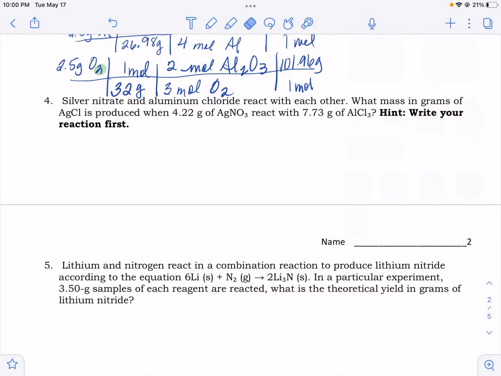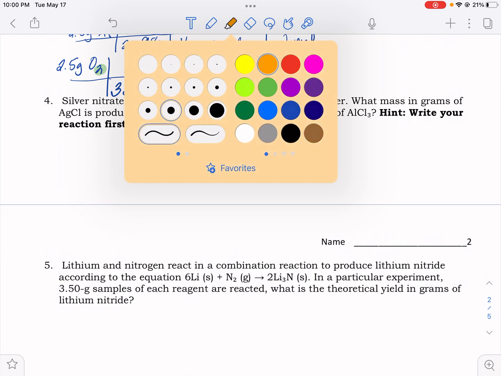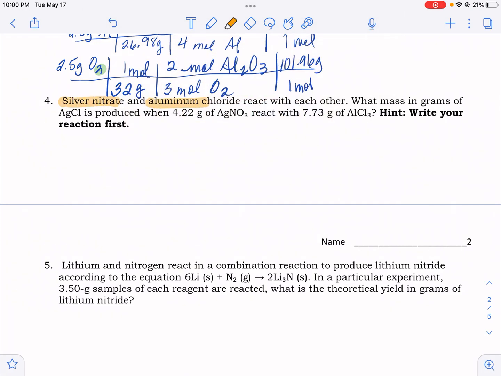All right. We are going to work question number 4. First of all, we need to write our equation. We're going to have silver nitrate and aluminum chloride react with each other, the double replacement reaction.